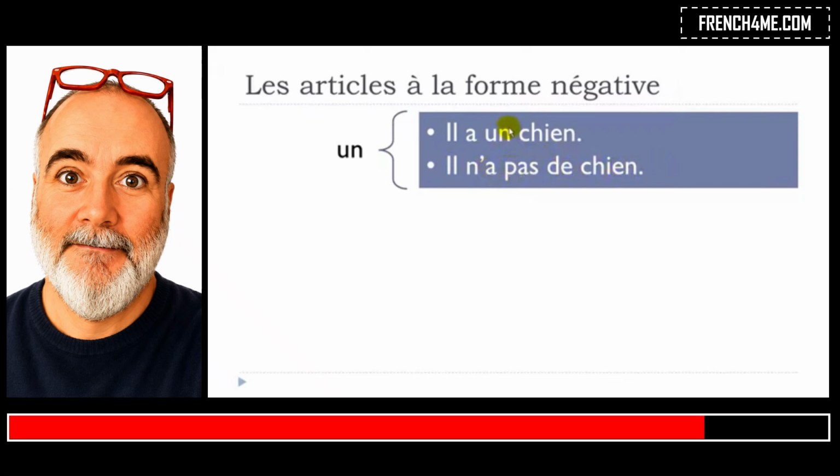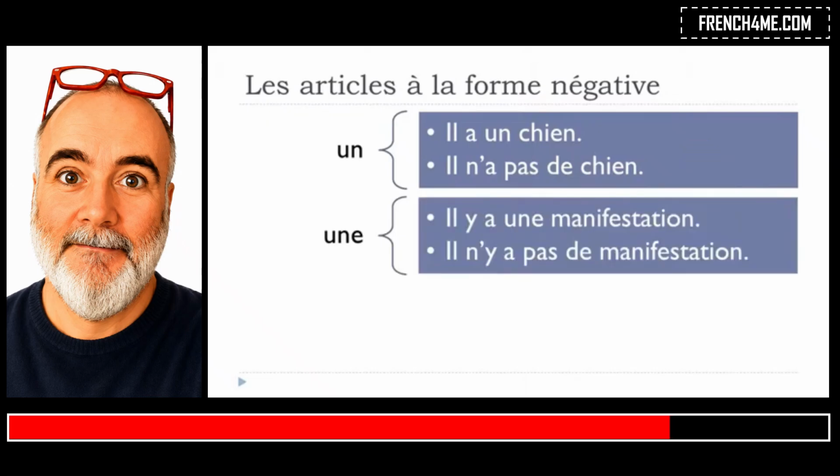So you can see that un here will become de here. That's the first thing that you've got to keep in mind if you want to use these articles. So article indéfini, and you want to put the sentence at the negative form, then un will become de.